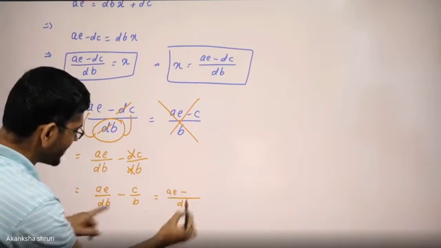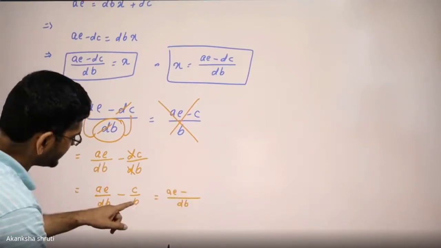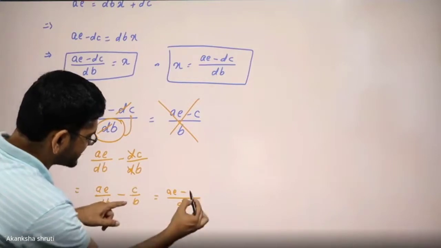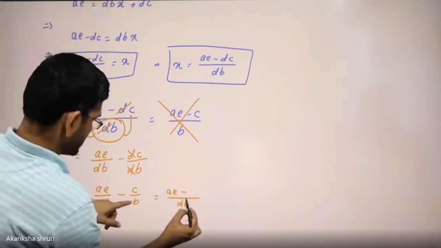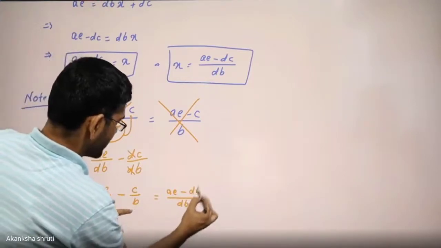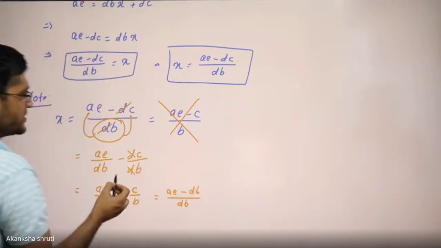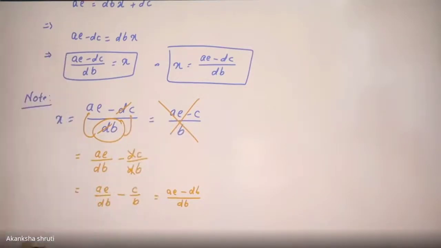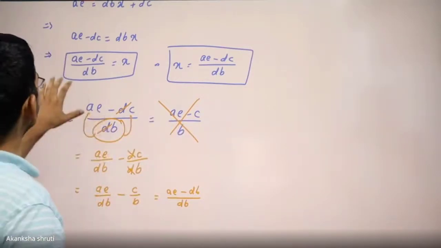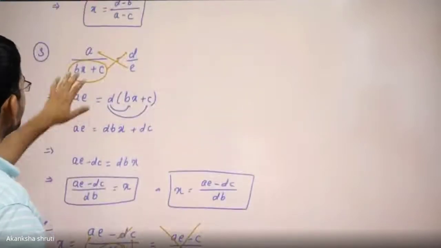So AE minus, here B is only, so D will multiply in numerator as well as denominator, so it is still DB. Okay, so keep in mind you cannot cancel in this way, so this becomes wrong. This is an important thing, students commit this mistake. So this way we have learned here.